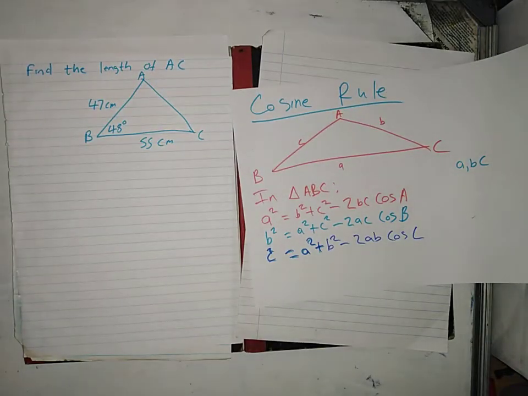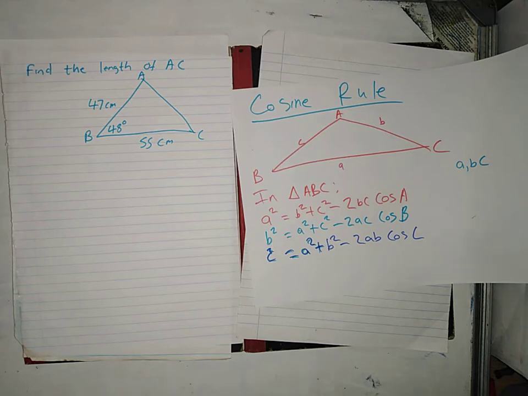Now, ladies and gentlemen, personalities, there is something that I said in my sine rule video here on this channel. I said you use the sine rule if there is a 2 and 1 condition. Now, what is that 2 and 1 condition?